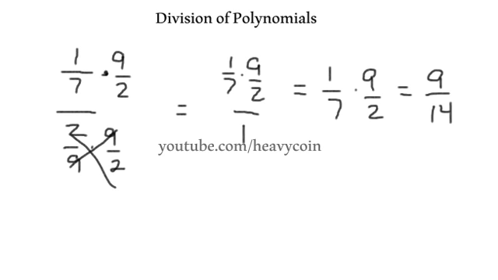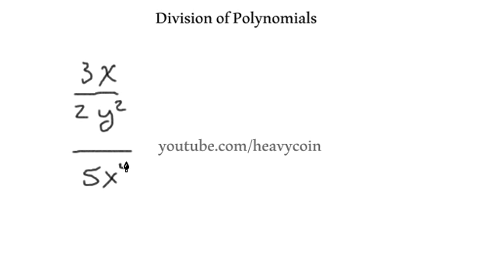Okay, so let's actually work something that's got some variables involved. Let's say that we had 3x over 2y squared, and that's all over 5x to the 4th over 4y cubed.